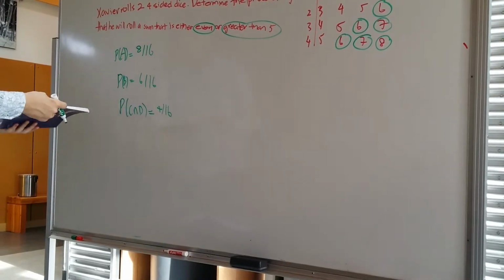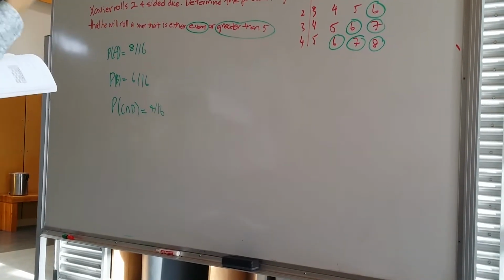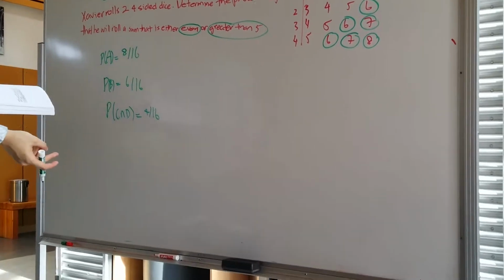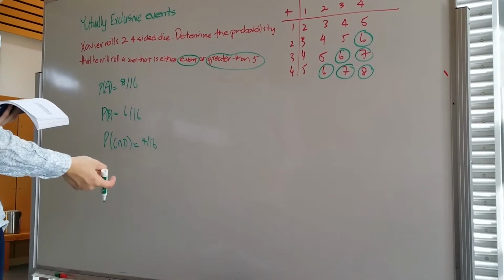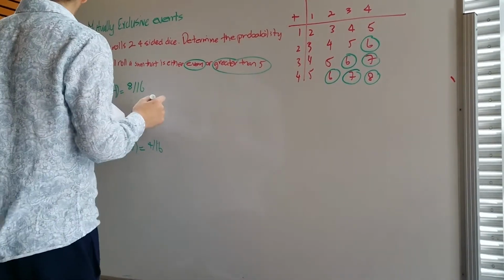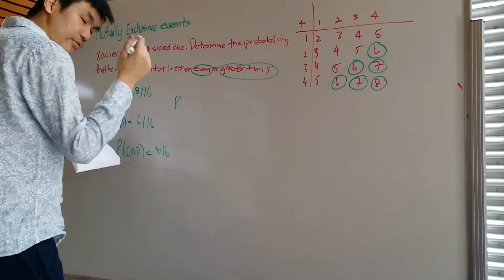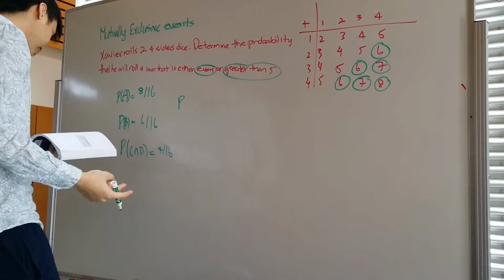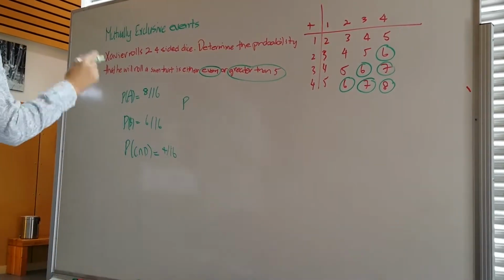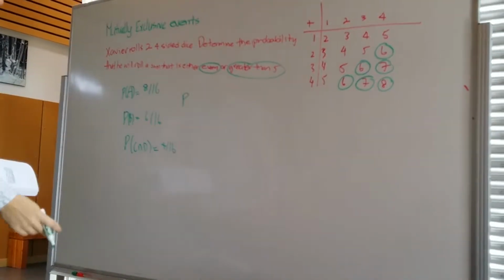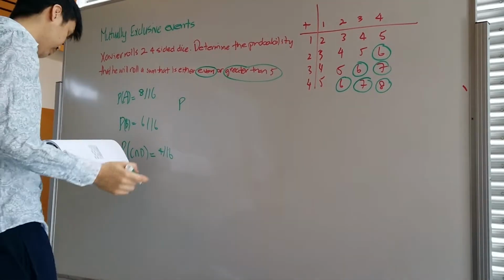And then step number 4, calculate the probability. You write the formula first, as usual. Every time, remember that, write down what you're trying to find, write down the formula, and then you do everything else.